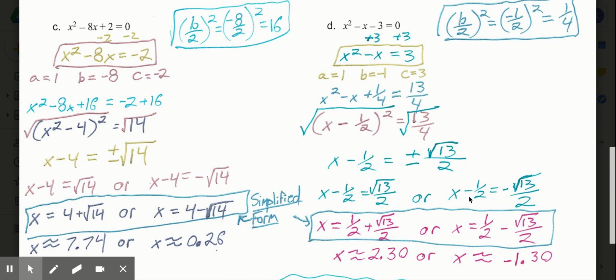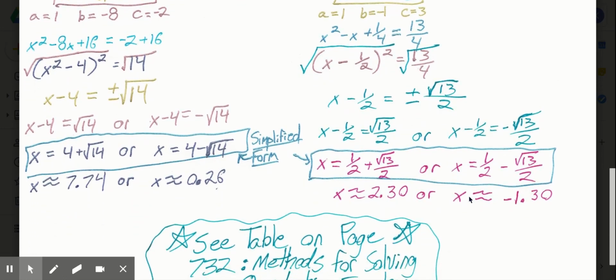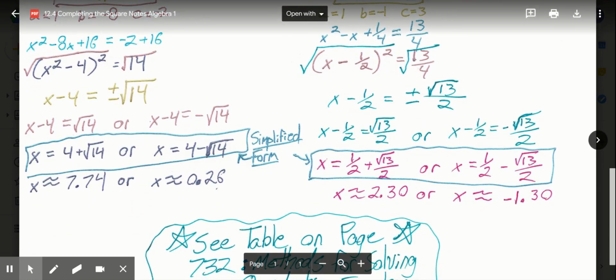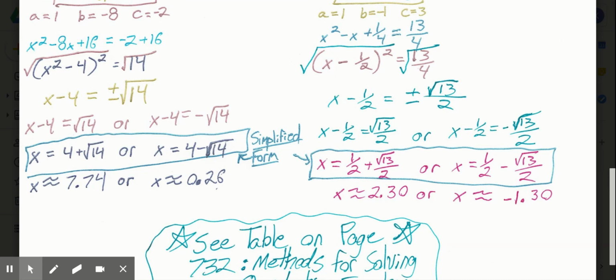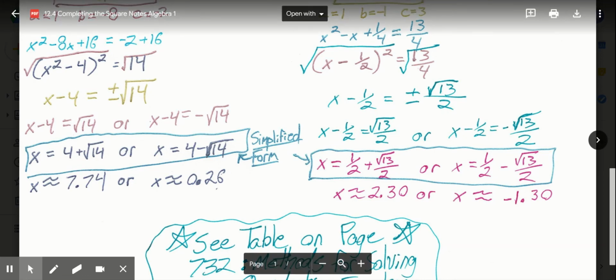Then, in order to solve for x, we have to write our two equations: x minus 1/2 equals square root of 13 over 2, or x minus 1/2 equals negative square root of 13 over 2.